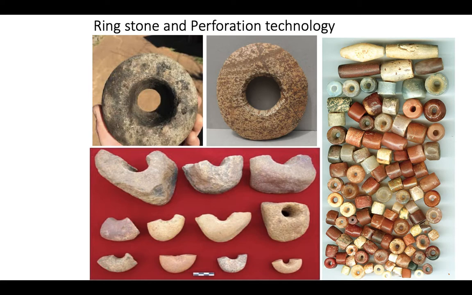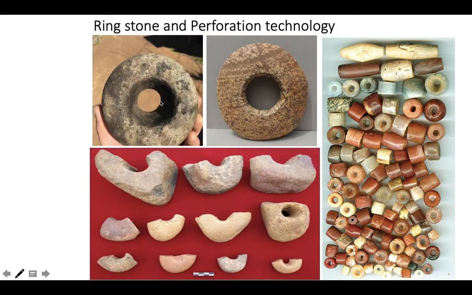Now coming to another important feature of the Neolithic time period, in many of the sites you also find ring stones. The ring stone is a kind of tool. Centrally there is a perforation, and the boring is done from both sides, most often by hammering, by pecking from one side or maybe from both sides, and then finally you meet a hole.